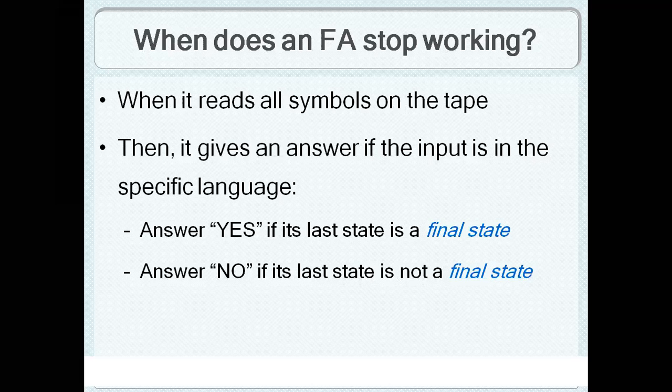Okay, that is called a deterministic finite automaton. So what does deterministic finite automata mean? A finite automaton in which from each state on each input symbol there exists exactly one transition is known as a deterministic finite automaton. Okay, so what is a non-deterministic finite automaton?